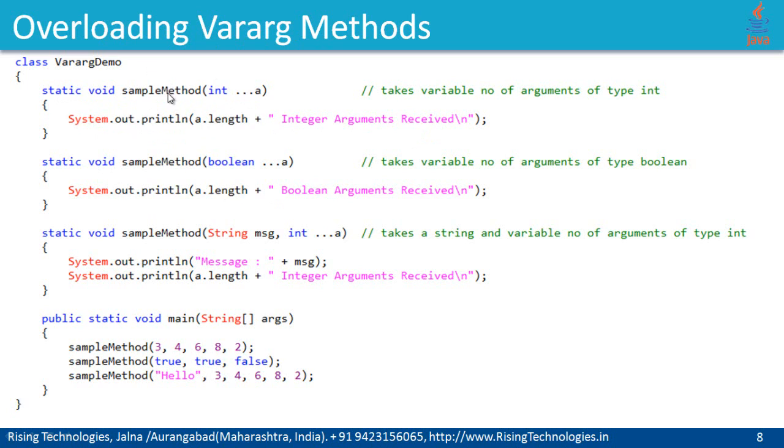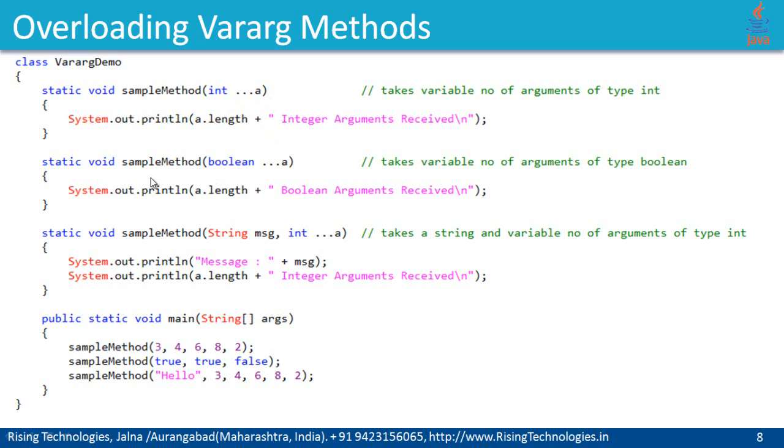I have created another version of this sample method that takes a boolean type of variable length argument, and again this method is going to print the length of this array, concatenated with this string: this number of boolean arguments received. So in these two versions of sample method, I have variable number of arguments of two different types.